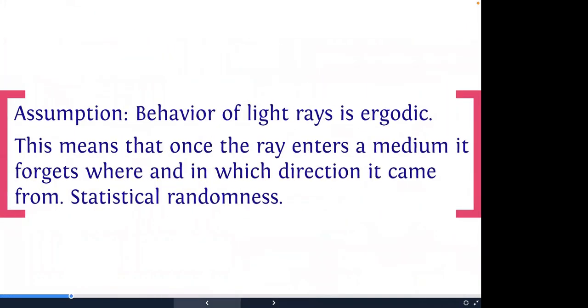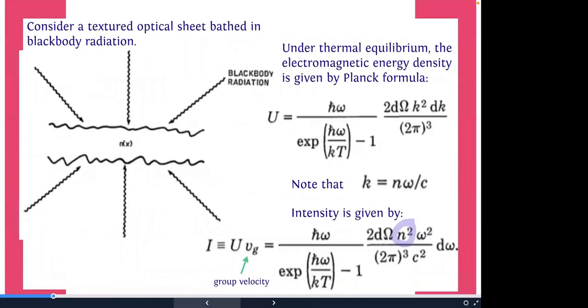So again, let me just make sure we all appreciate what is going on here. If I take a material with refractive index 3, that is silicon, and put it in some region that has light, and if everything is in thermal equilibrium, and there is the ergodic assumption, which we'll come to shortly, it means that inside the silicon, I can have n squared times the intensity of what's outside the silicon.